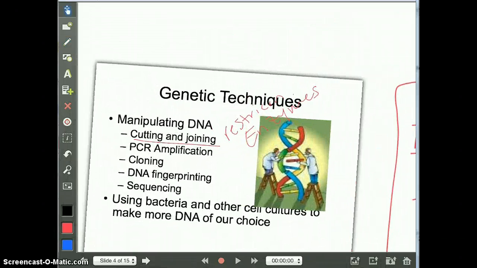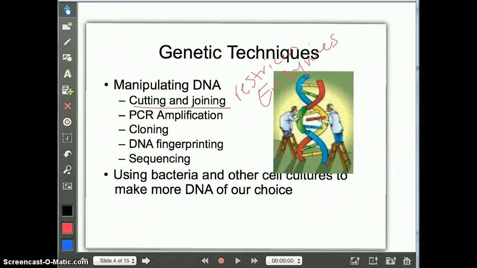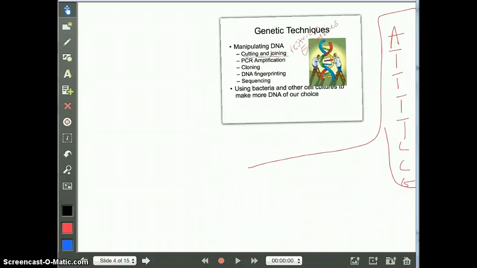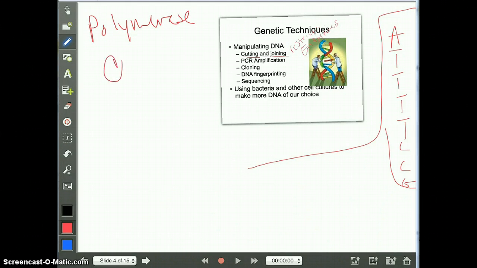Second thing that you see on here is PCR amplification. What PCR is, it's a fancy term. It's called polymerase chain reaction. What that really does is it's going to put down a whole bunch of copies of DNA.